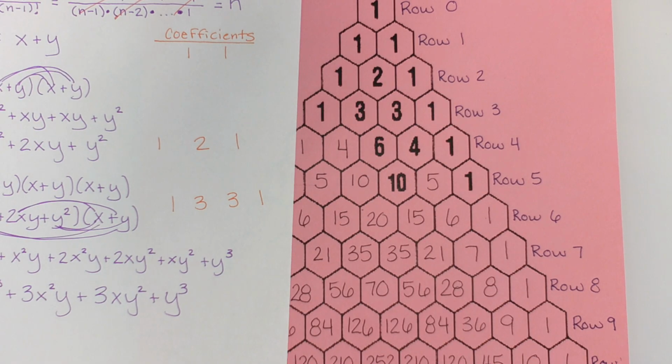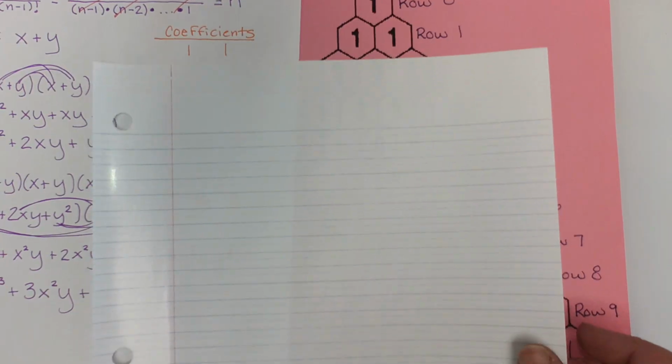Pascal's triangle's biggest use is in expanding binomials to a power. That's why you're seeing this today, and that's what we're getting into today: how to use Pascal's triangle to help us out.